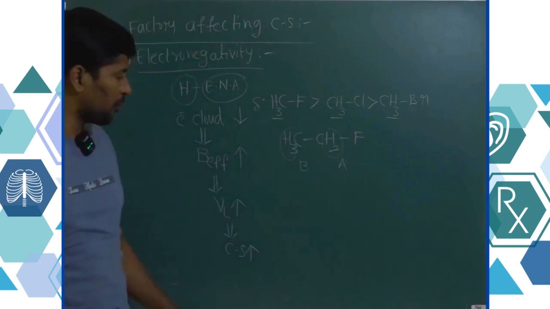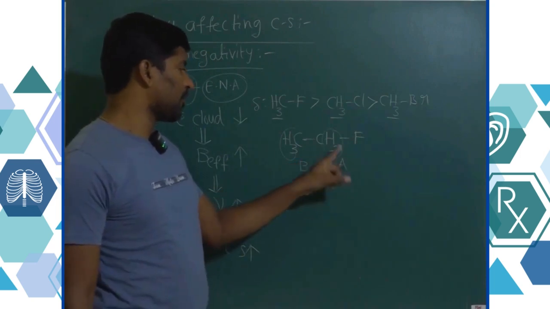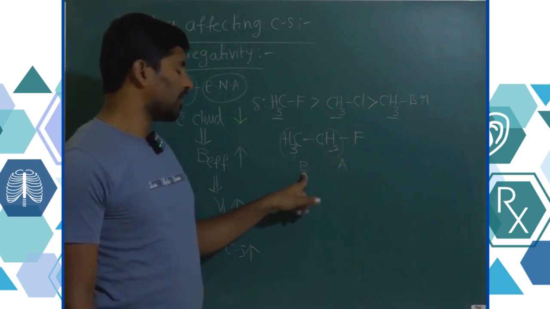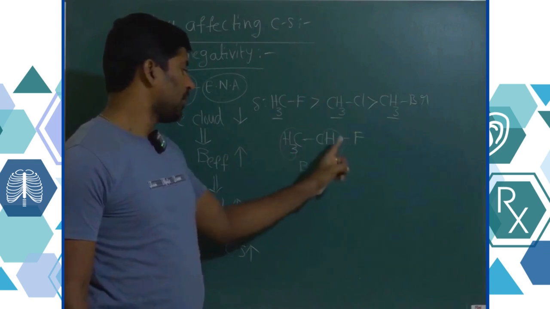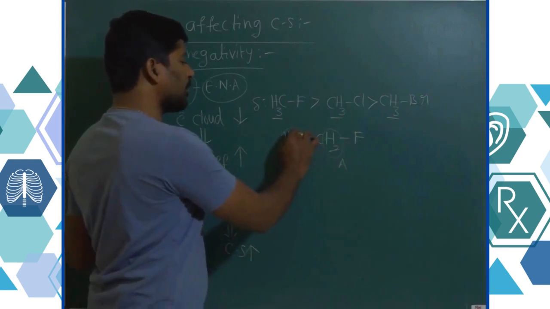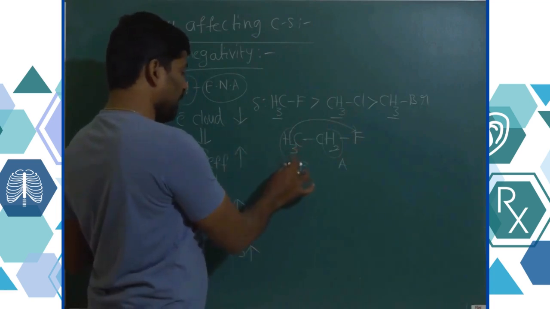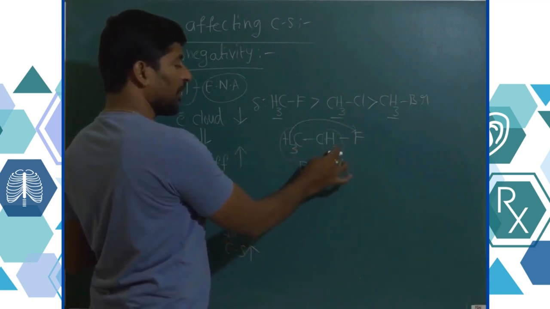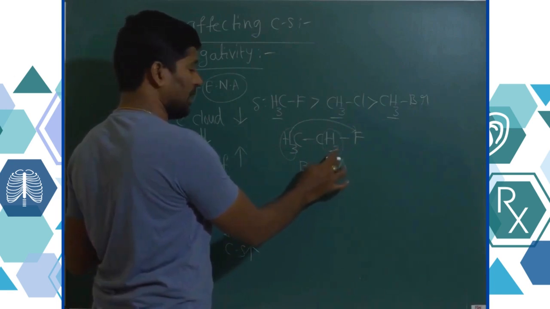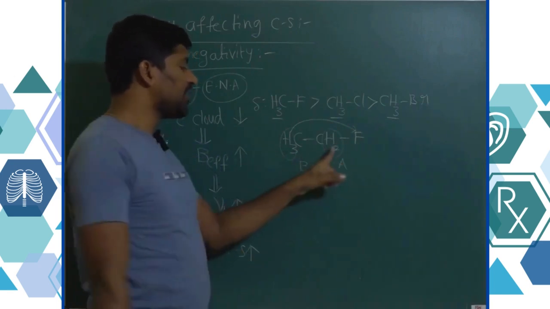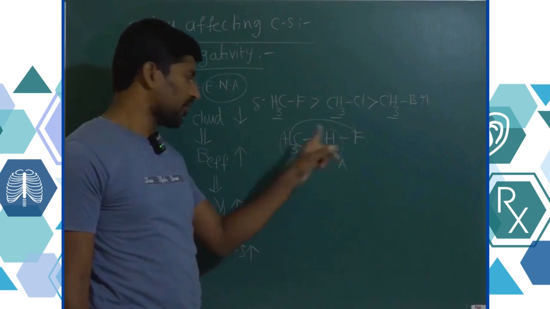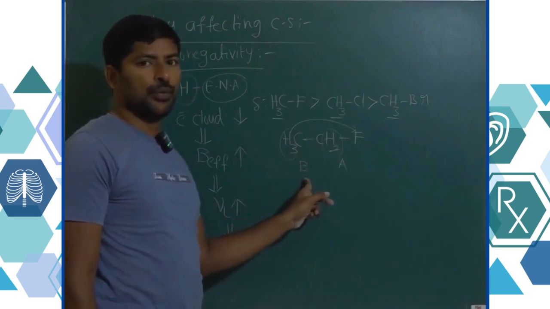The A type has two protons, and the B set has three protons. The distance between the B type protons and the electronegative group is greater, so its chemical shift value is low, and the chemical shift value for the A type protons is high. The deshielding effect is higher for A type protons compared to B type protons.